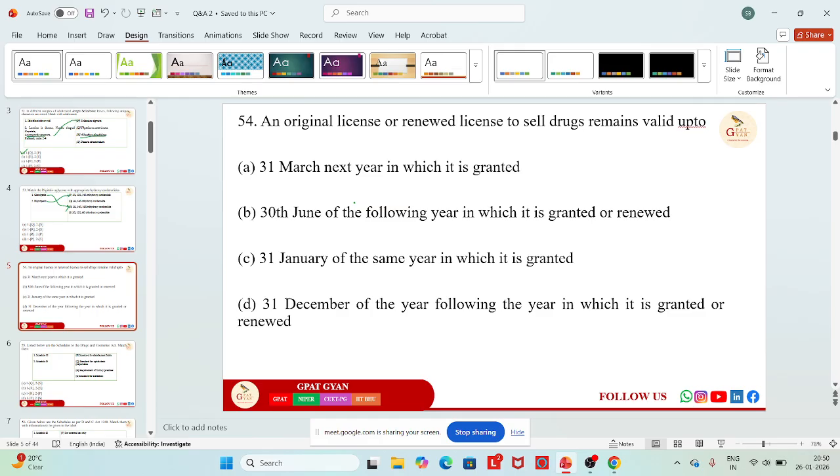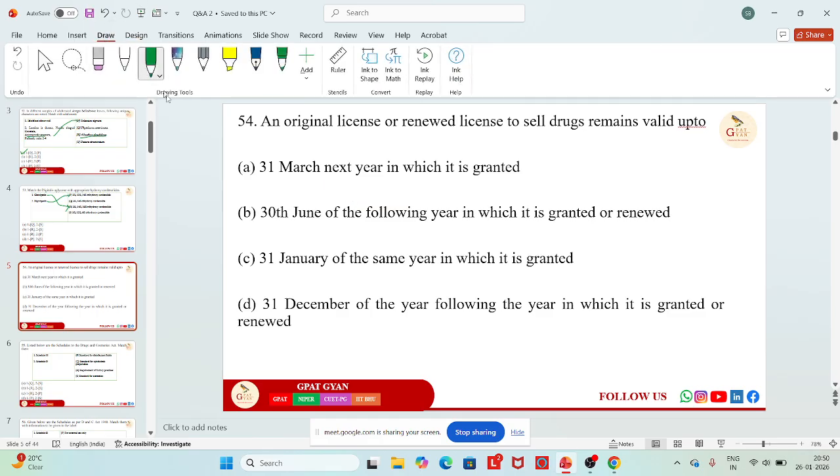And if you are getting it even in November 2025, still it will be valid up to 31st of December 2026. So 1 year and valid up to always the 31st December. In my registration, it is also written that it is valid up to 31st of December. So always the 31st of December will be the validity for any license.